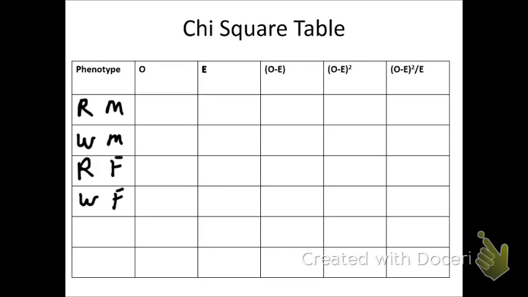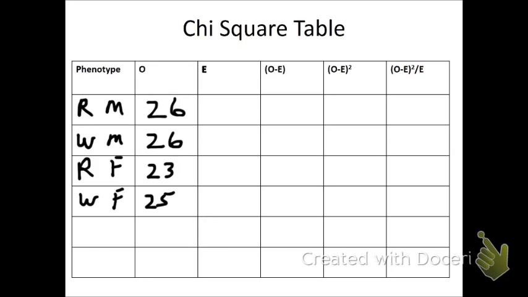Right, now our observed numbers are what we actually got when we did the cross. So we got those from the stem of the problem. And the stem of the problem told us that there were 26 red-eyed males, 26 white-eyed males, 23 red-eyed females, and 25 white-eyed females.